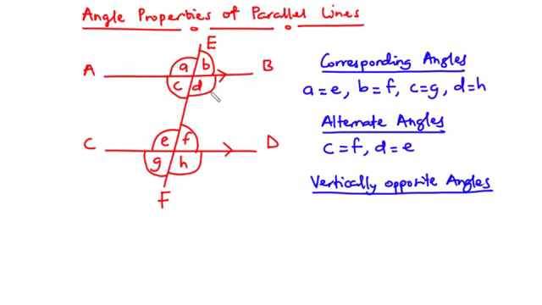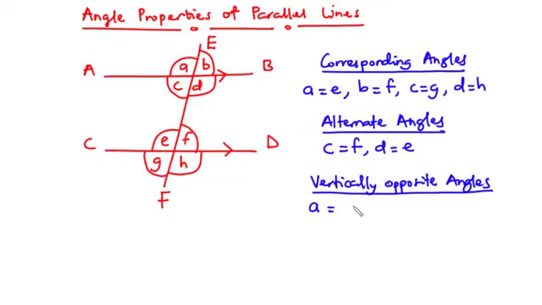The angles that are vertically opposite to each other are equal. So angle A is equal to angle D, and angle B is equal to angle C. Considering the lines CD and EF, angle E is equal to angle H, and angle F is equal to angle J. So that is that with vertically opposite angles.